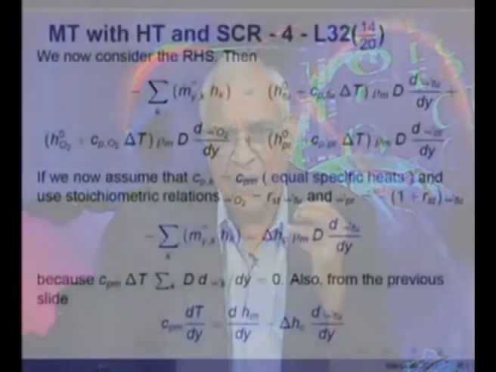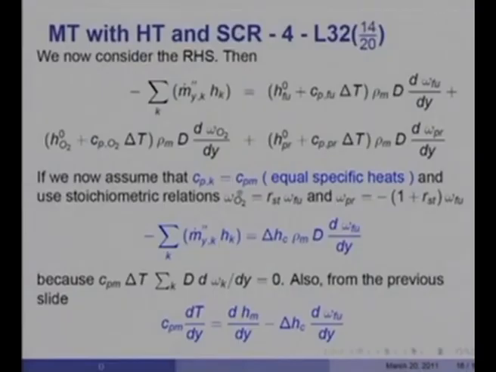For gaseous mixtures, specific heats are functions of temperature, and for different species they are somewhat different, but they are not so different that we cannot make an assumption of equal specific heats. If we assume that each species has the same specific heat, then it would simply equal the mixture specific heat. So, that is the assumption I am going to make, and use the stoichiometric relation omega O2 equal to R_st omega Fu, and omega product equal to minus (1 plus R_st) omega Fu.